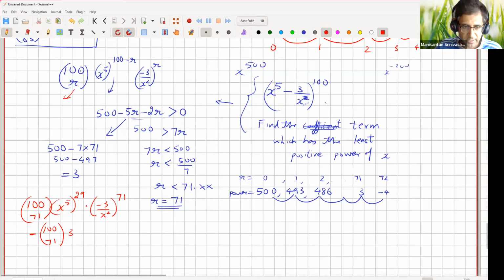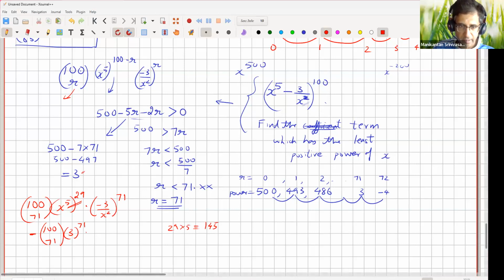And then 3 power 71 is the number, right? And power of x, I can just double check once more if it's indeed 3. So 29 times 5 is how much? 145. And then 2 times 71 is 142 with a negative. Therefore the difference is 3. So indeed it's x power 3. So the final answer is negative of 100 choose 71, 3 power 71, x cubed.